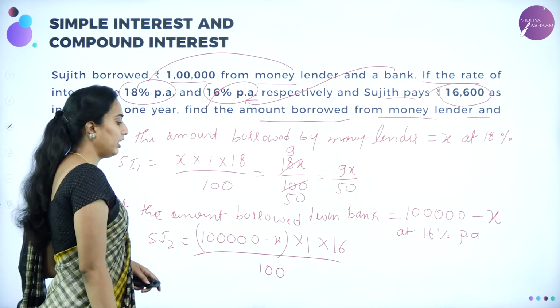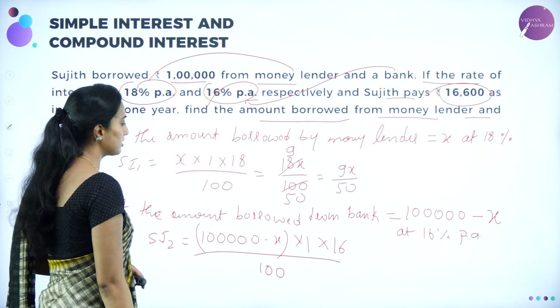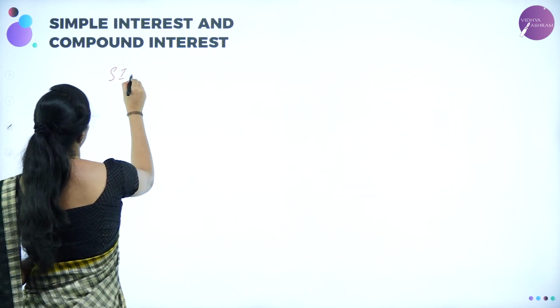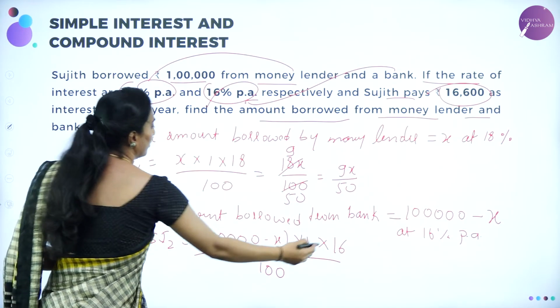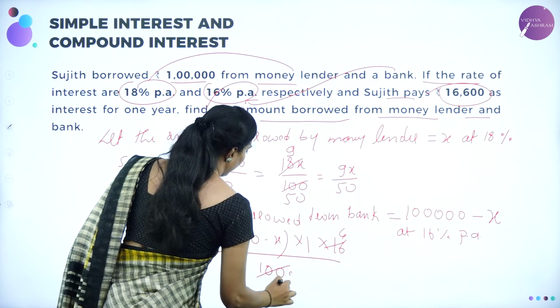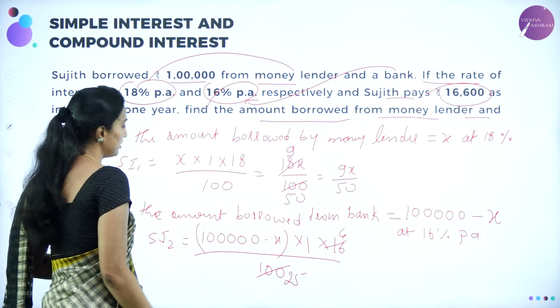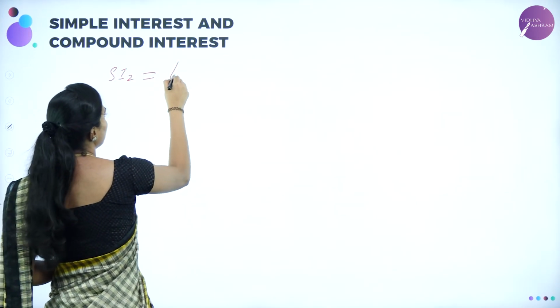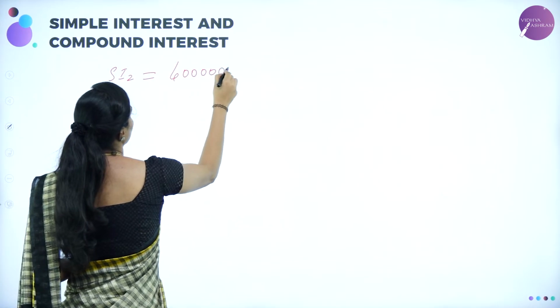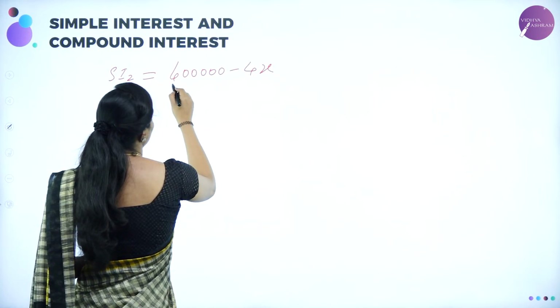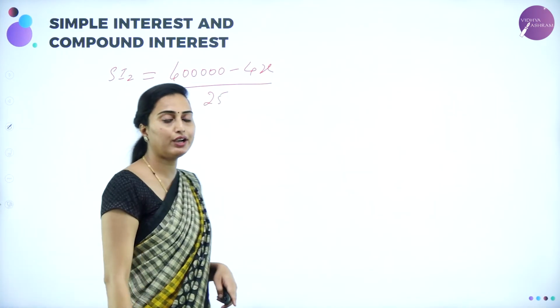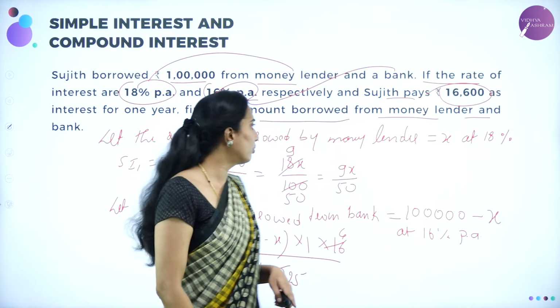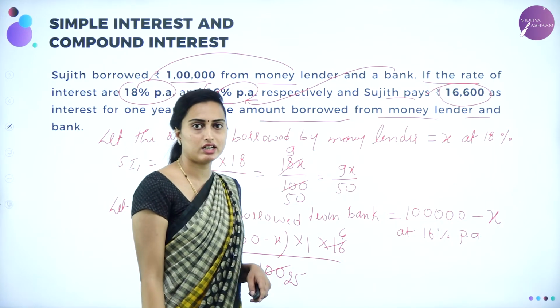Let me calculate this. SI2 is equal to 4 4s are 16, 4 25s are 100. Multiply this, it becomes 4 lakh minus 4x divided by 25. Now how much interest is he going to pay? He is going to pay 16,600 as interest.